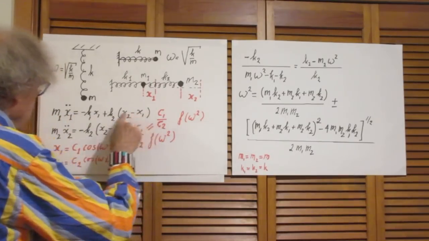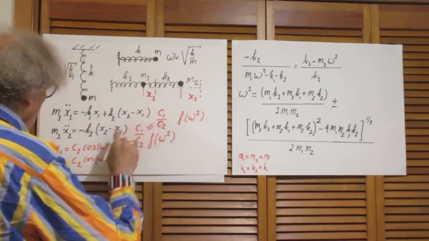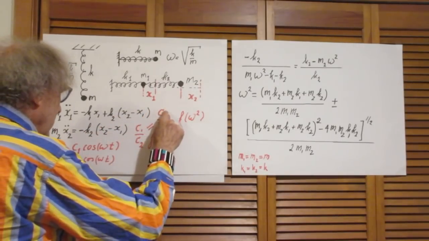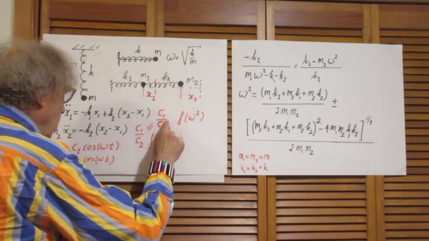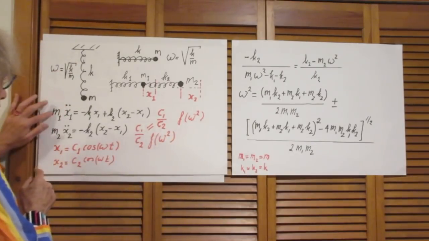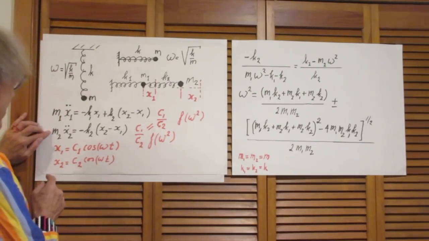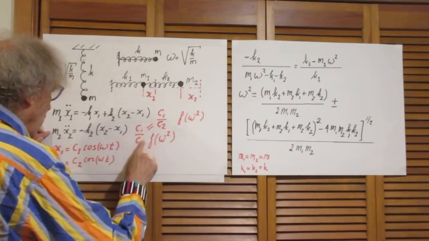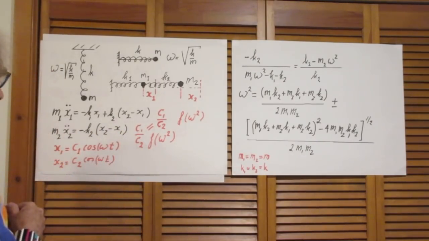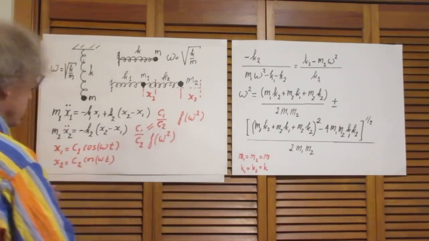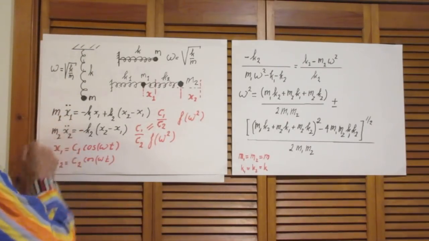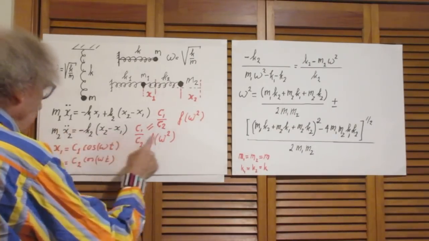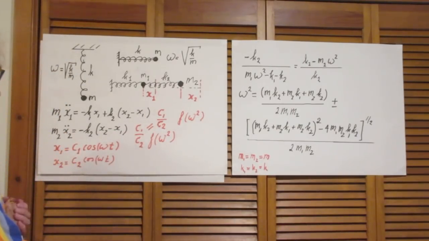So with these values substituted in this equation, I can calculate what C1 over C2 is from this equation. But independently, I can calculate from this equation what C1 over C2 is. It's a function of omega squared because of the second derivative. And the C1 over C2 here is also a function of omega squared.